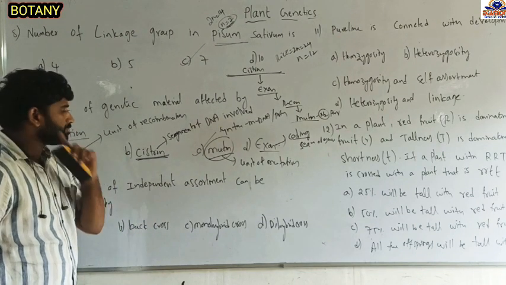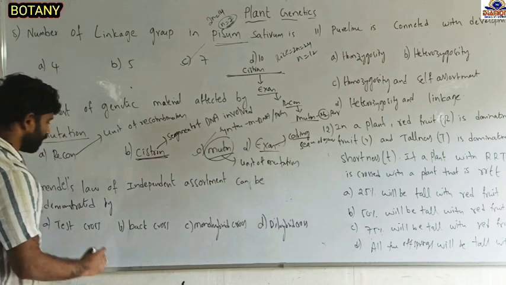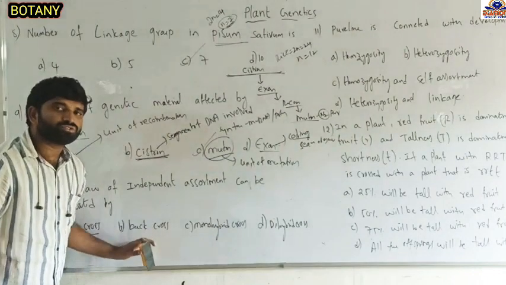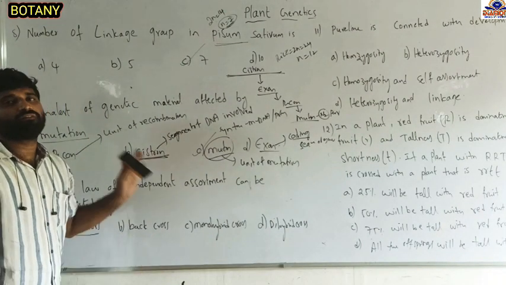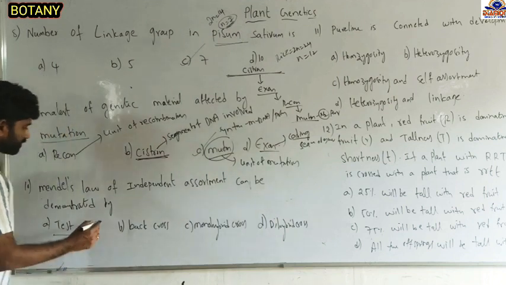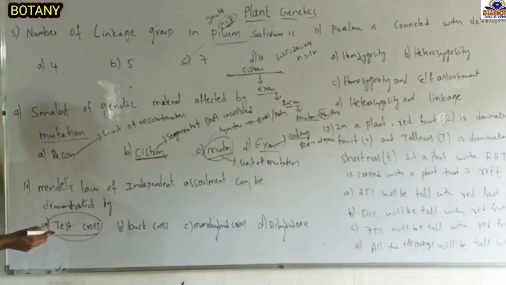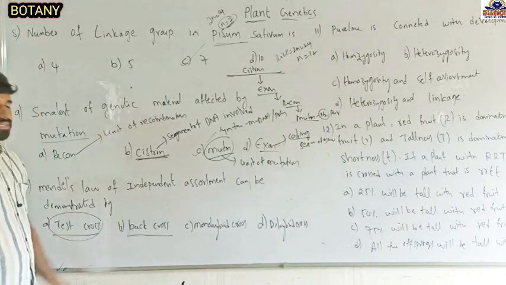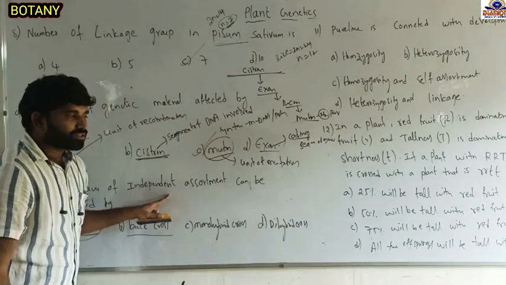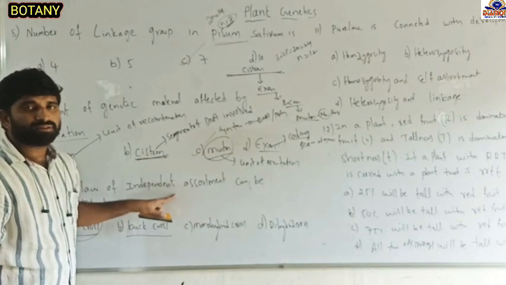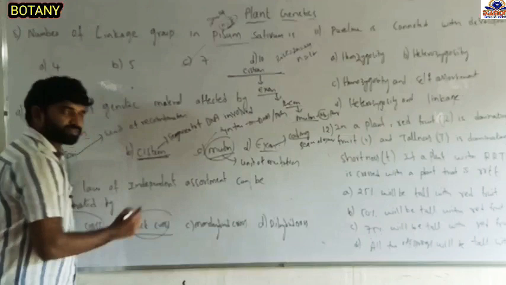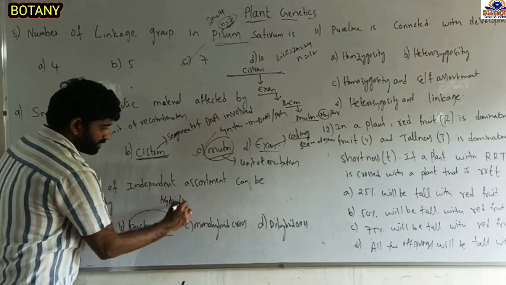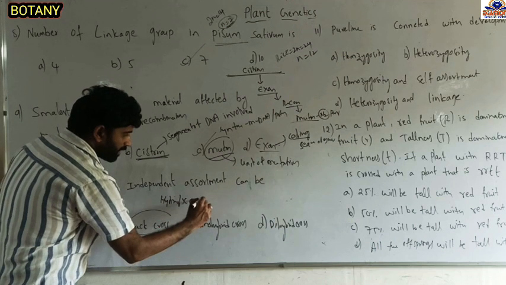Option A is test cross, which we use to determine the genotype of an unknown parent. And back cross means crossing a hybrid with any one of the parents.